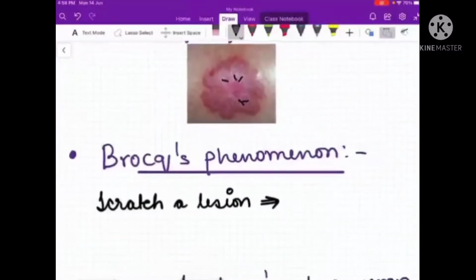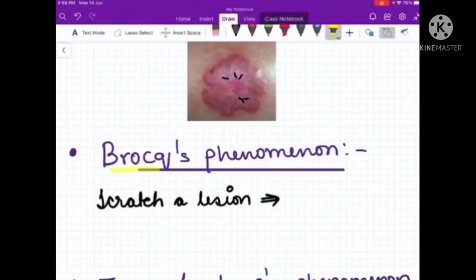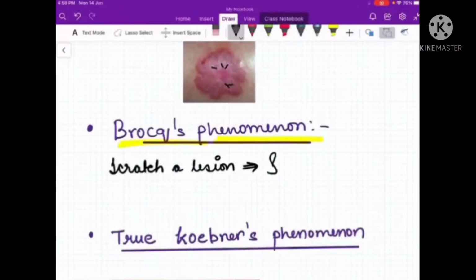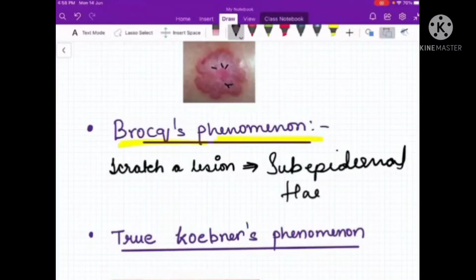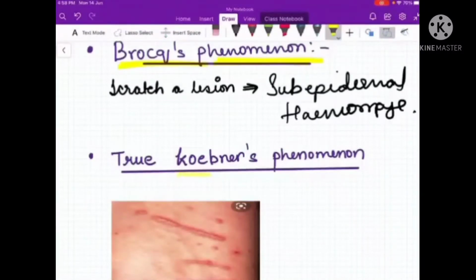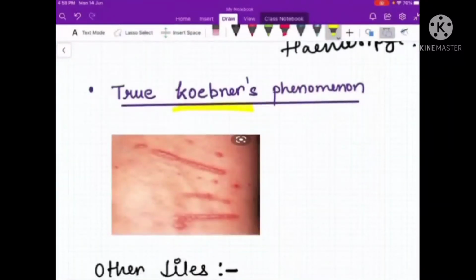There is also something called Brocq's phenomenon, wherein when we scratch a lesion, there are subepidermal hemorrhage points, and it also shows the true Koebner phenomenon as seen in this picture.